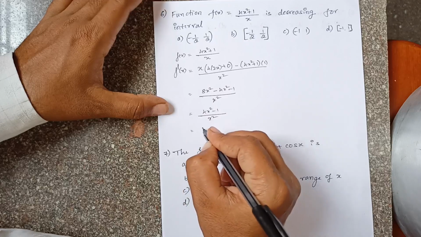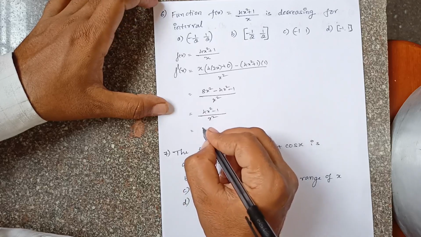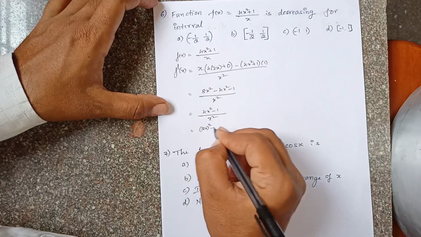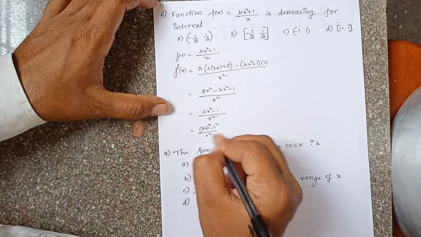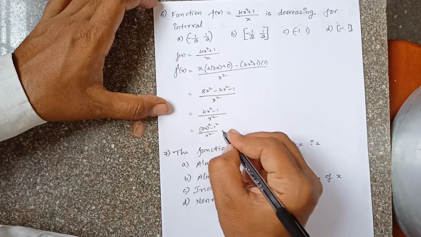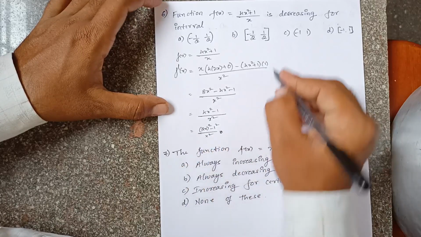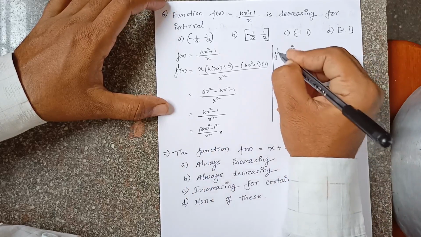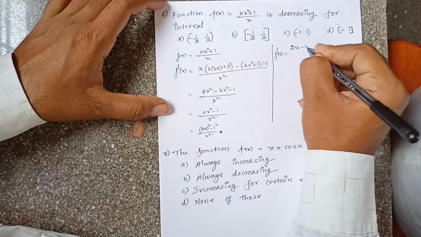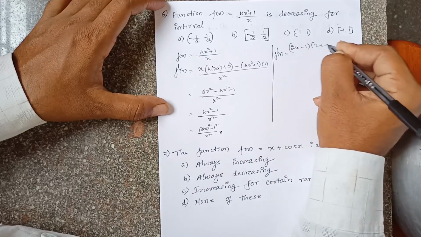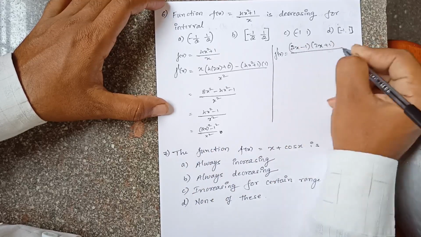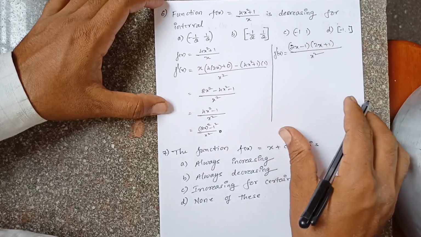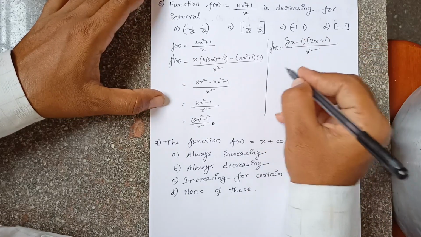4x square minus 1 can be written as 2x whole square minus 1 square, by x square. It is like a square minus b square, write it as a plus b into a minus b. So f dash of x is equal to 2x minus 1 into 2x plus 1 divided by x square. So what are the points at which f dash of x is equal to 0?